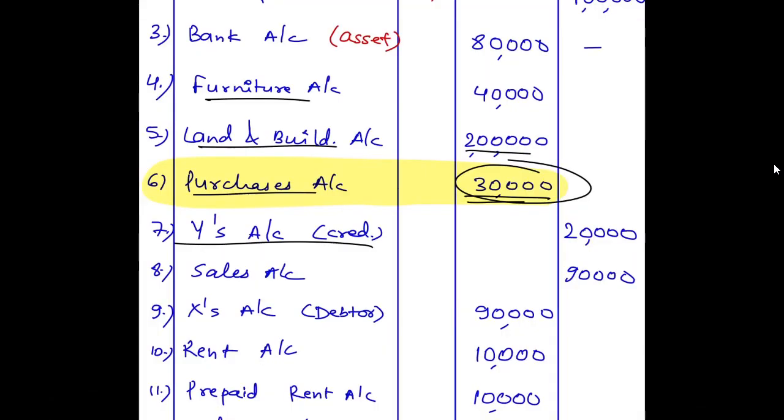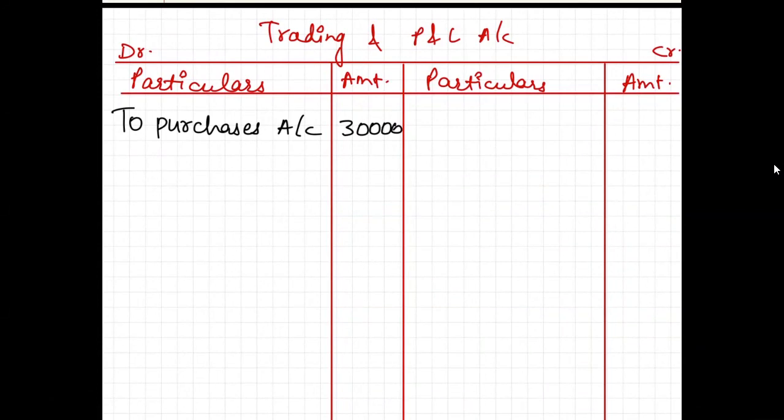Then we have sales account. Sales account is again your trading part. So the balance is on the credit side. I will write on the credit side of my trading and P&L account. So here it will come by sales account 90,000. Okay. You have to remember what side on the trial balance it is written.